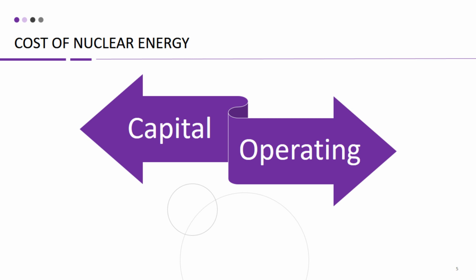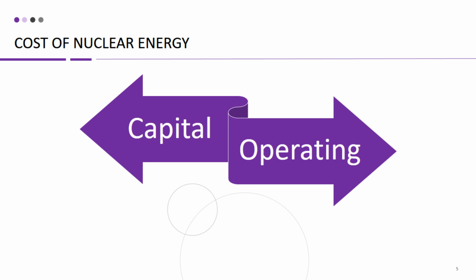Now let's talk about the cost of nuclear energy. The cost of nuclear energy can be divided into two main categories: capital costs and operating costs. Capital costs refer to the upfront expenses associated with building a nuclear power plant, including the design, engineering, construction, and commissioning.